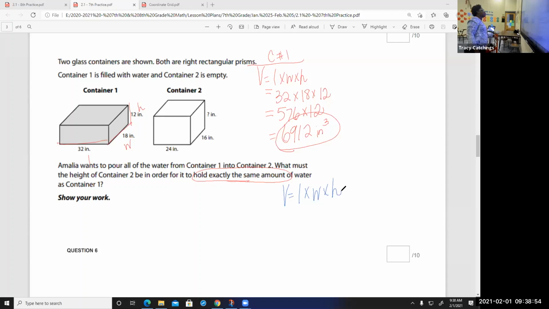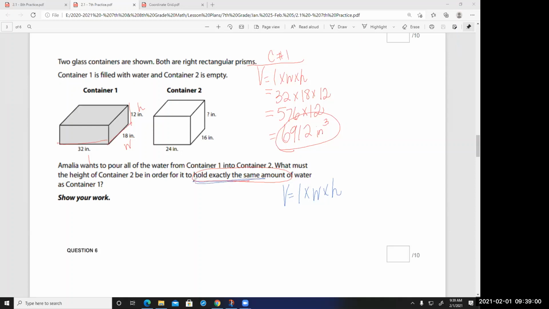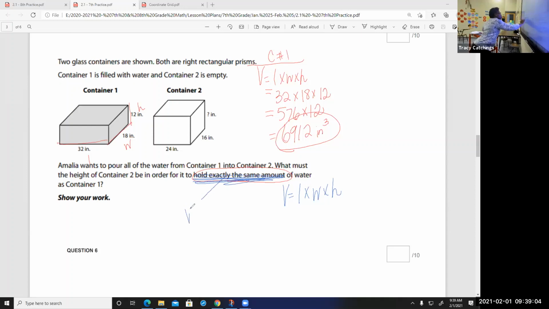What did you just say the volume of container 1 was? 6,912. Okay, so if they're holding the exact same amount of water, that means the volumes are equal. So what is the volume of container 2? 6,912.